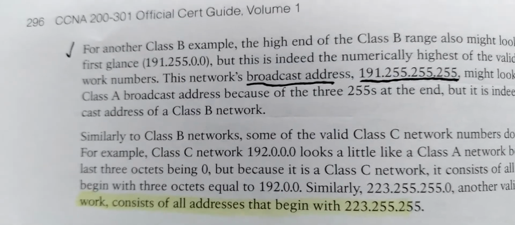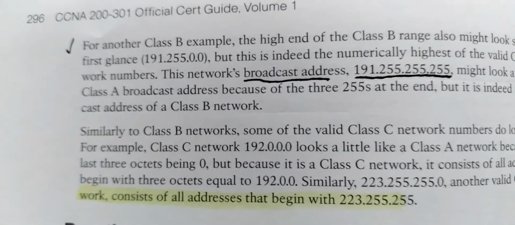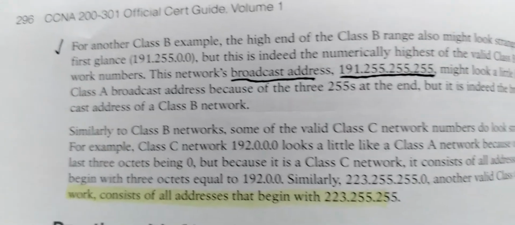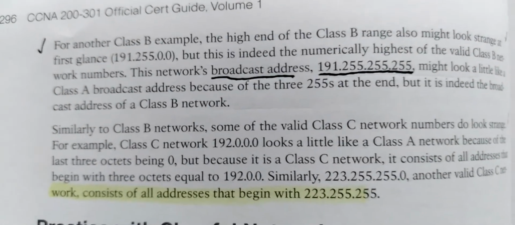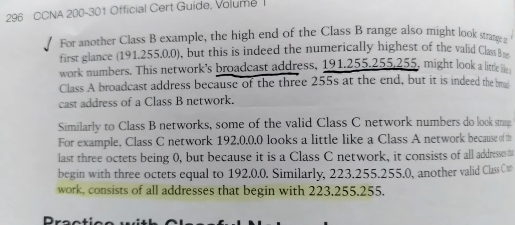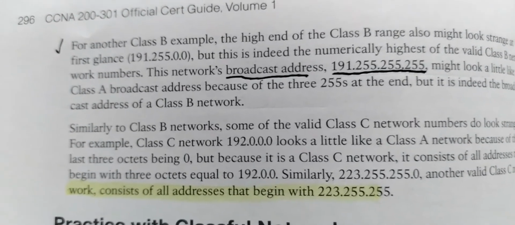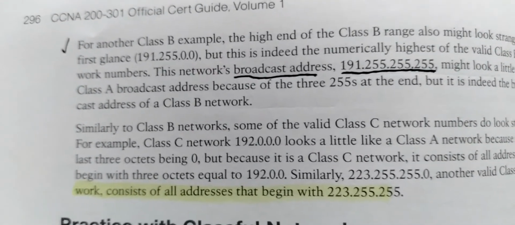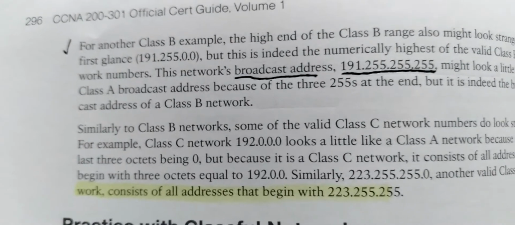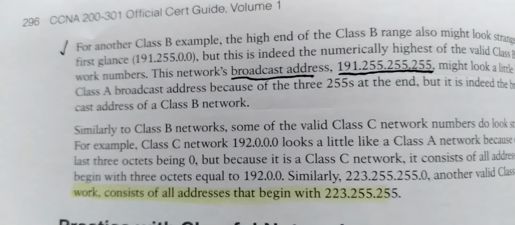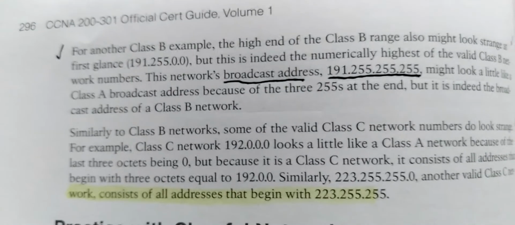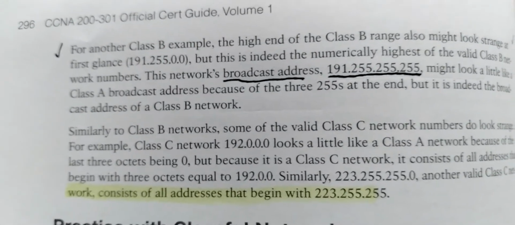For another Class B example, the high end of the Class B range also might look a bit strange at first glance: 191.255.0.0, but this is indeed the numerically highest of the valid Class B network numbers.